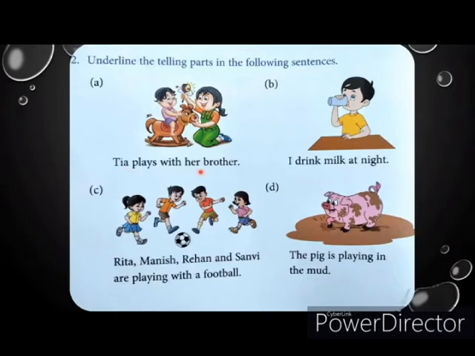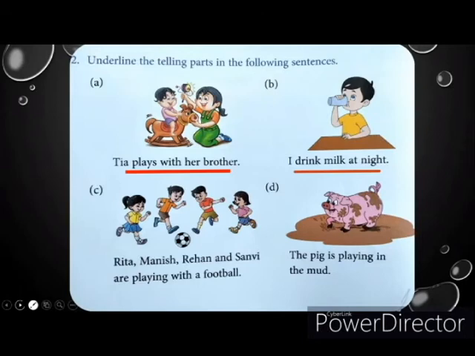Tia plays with her brother. So the telling part of the sentence is "plays with her brother." So underline that. The next sentence is, I drink milk at night. So the telling part is "drink milk at night."